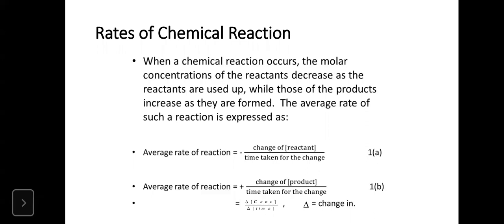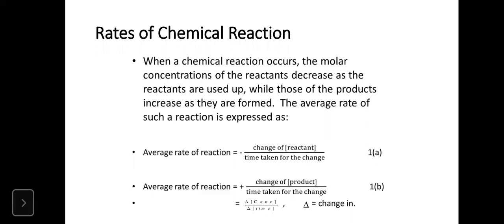See the first one, there is a minus sign in front of the equation on the right hand side. There is a negative sign there because the reactant is decreasing with time. You put a negative sign there because the rate of a reaction is a positive quantity. So the significance of the minus sign in front of equation 1A is to tell you that the reactant is changing with time.